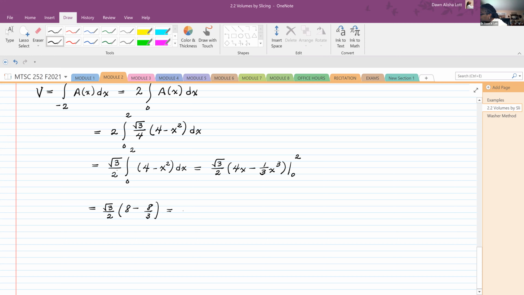So that's going to give me the root of 3 over 2, and then that's going to give me 2/3 times 8. So I'm going to get 8 root 3 over 3. Okay.